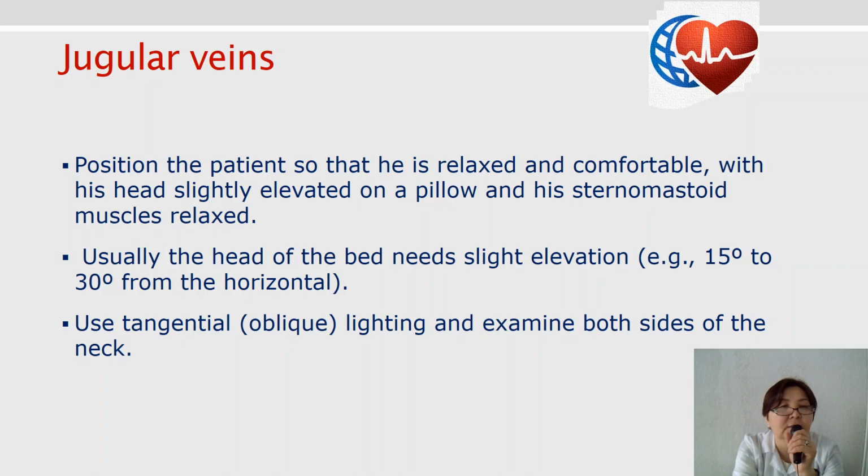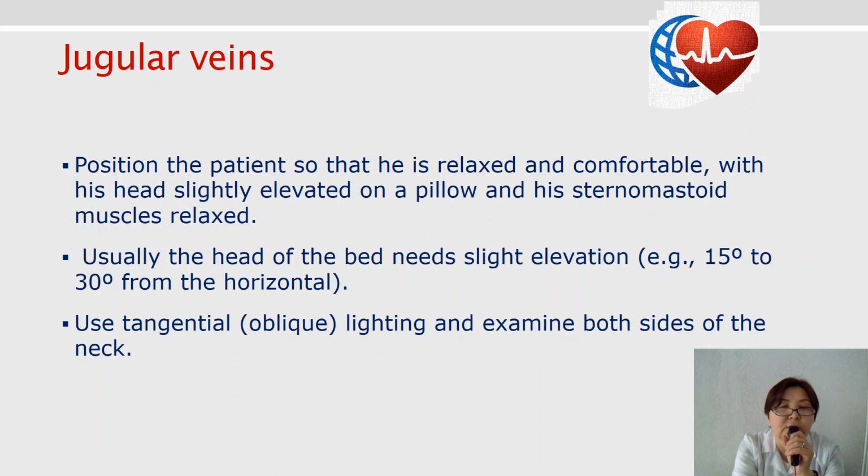Jugular veins. Position the patient so that he is relaxed and comfortable with his head slightly elevated on a pillow and his sternomastoid muscles relaxed. Usually, the head of the bed needs slight elevation, 15 degrees to 30 degrees from the horizontal.